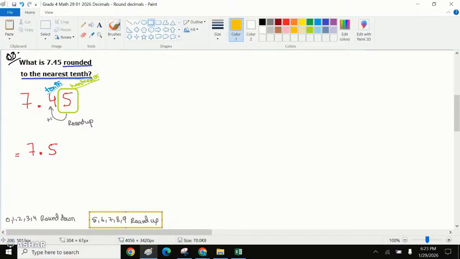Do we agree on this? 7.45 when rounded off to the nearest 10th will become 7.5, or you can write 7.50, or you can write 7.5.